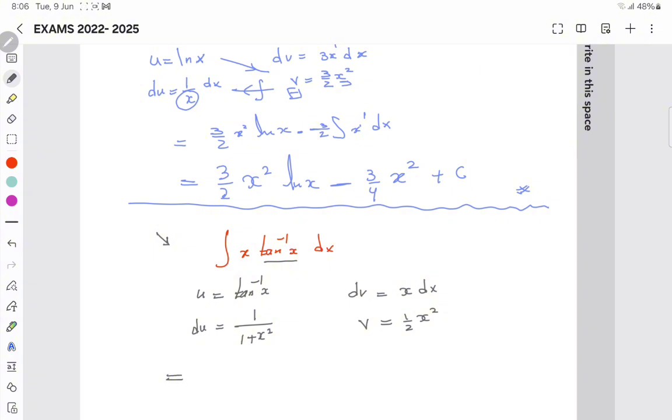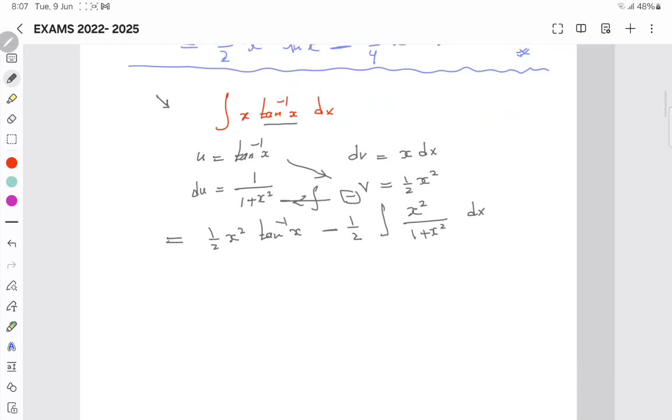Now follow the rule: it equals 1 over 2 x squared times tan inverse x minus the integral of 1 over 2, a constant that stays outside, times x squared times 1 over 1 plus x squared, which is x squared over 1 plus x squared, all with respect to x.